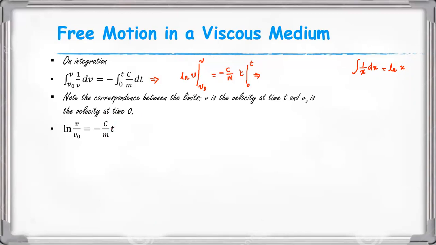On the left side, we apply the upper limit, ln of v, and then subtract the lower limit, minus ln of v0. That is equal to minus c by m into t.